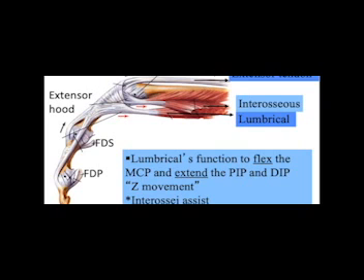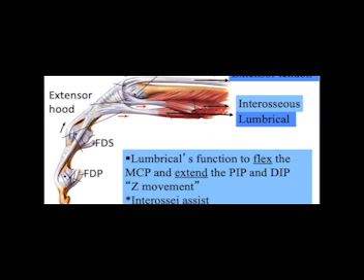And then what happens is that as those muscles contract, it will not only extend a singular joint, but rather it'll have this harmony of extension at the DIP, the PIP, and also the metacarpophalangeal joint.